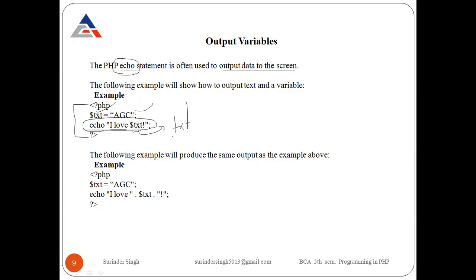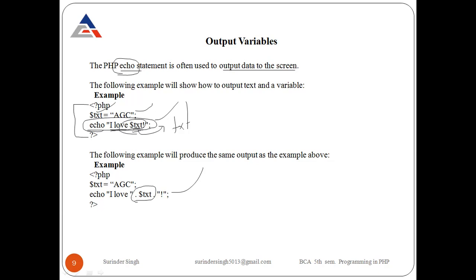Clear? You can print in two ways like this. Here the whole statement is written in double quotes, including the variable. But here we did not include the variable in the double quotes. You can print values in these ways.